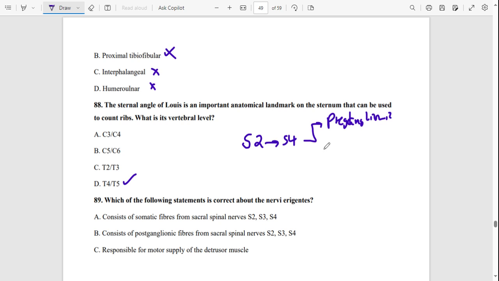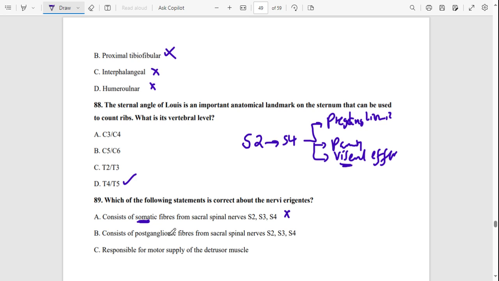They are also made up of parasympathetic fibers and also some visceral efferent fibers. So consists of somatic, it's not somatic, okay? It doesn't go to muscles, it's visceral. It goes to internal organs, like organs in the perineum. So this can't be correct.